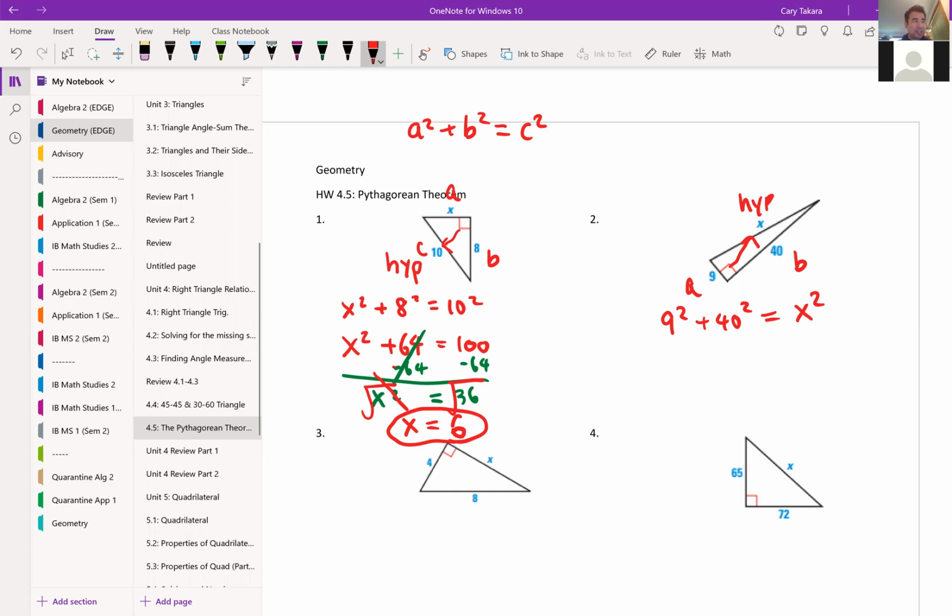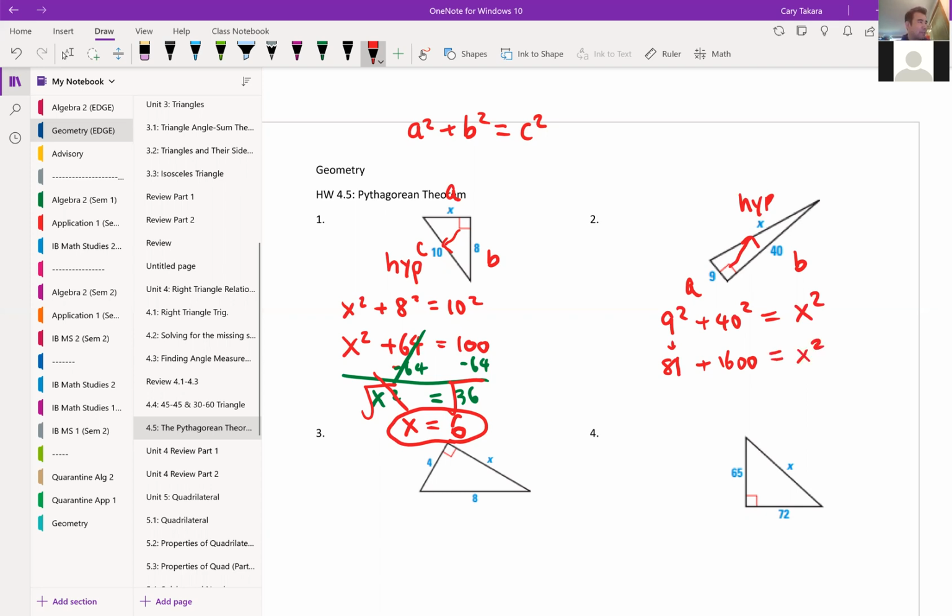Is that how you set it up? Okay. Now, what is 9 squared? That's 9 times 9. That's 81. 40 squared is 4 times 4 is 16, but multiply that. So that's 1600. That's a pretty big number.